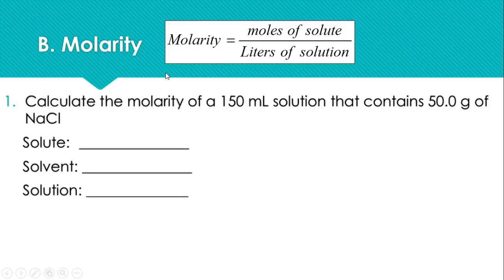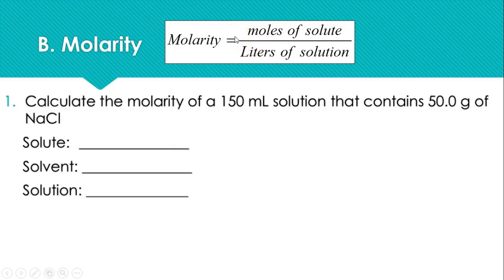Here's our first example. Calculate the molarity of a 150 milliliter solution that contains 50 grams of sodium chloride. I believe it's important to figure out what you're dealing with in terms of solute, solvent, and solution, and how does that factor into the equation or into the set of concentration units that you need.